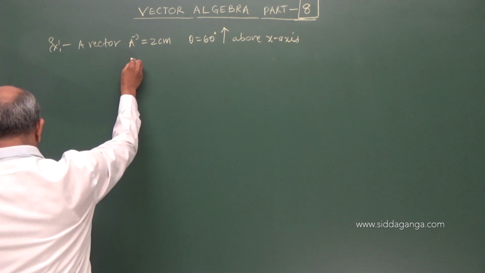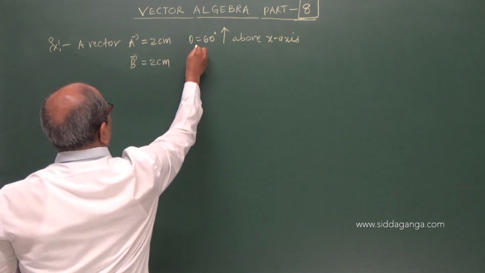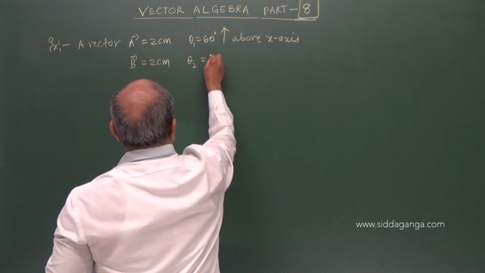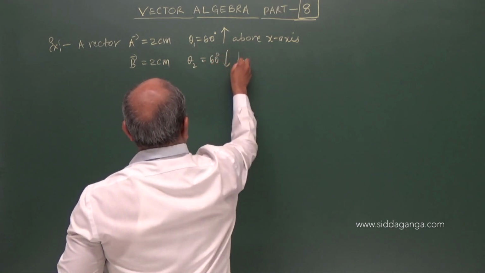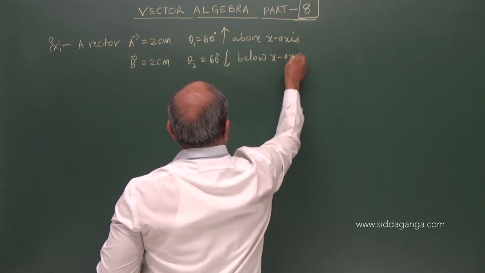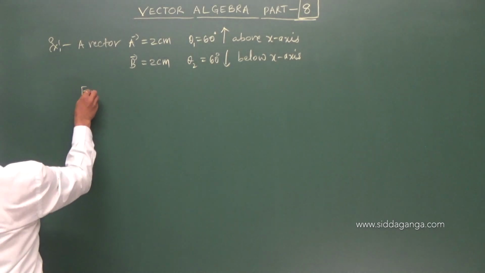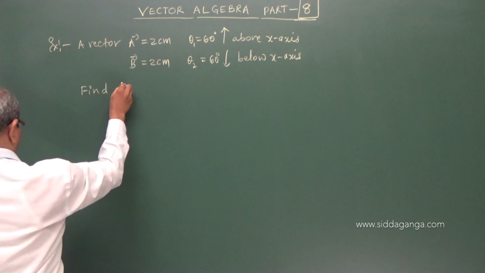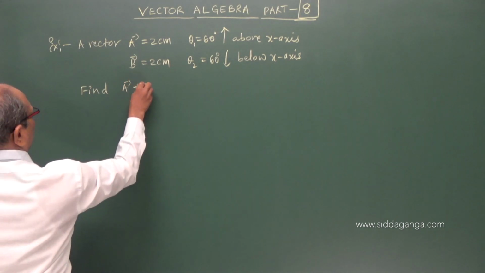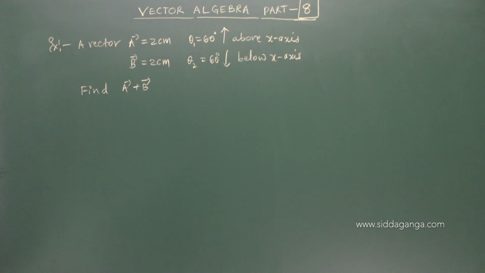And another vector is given, B, whose magnitude is 2 centimeter, theta also given as 60 degree, but it is below the x-axis. The question is: find A plus B. Find the value of A plus B.